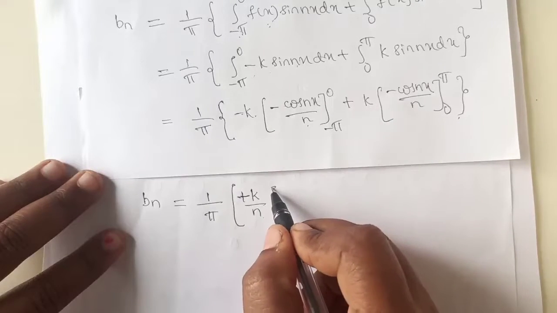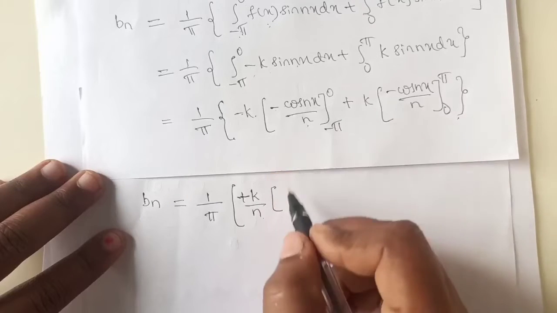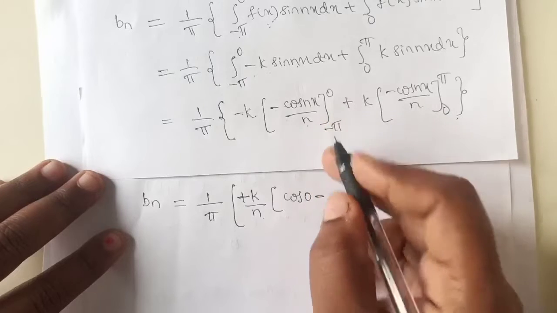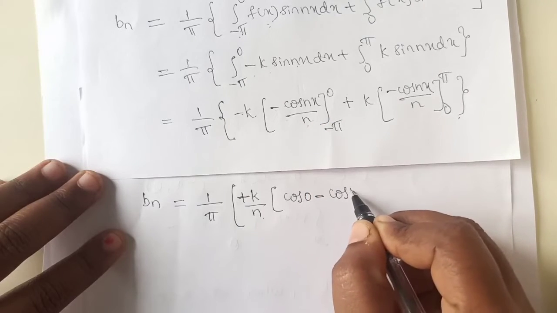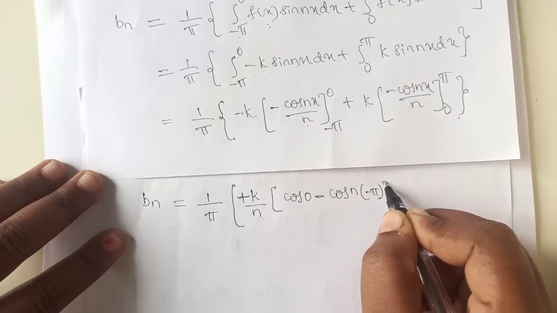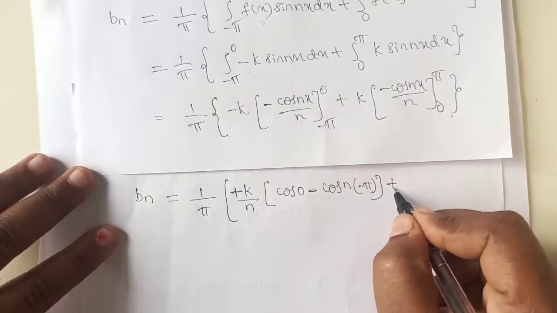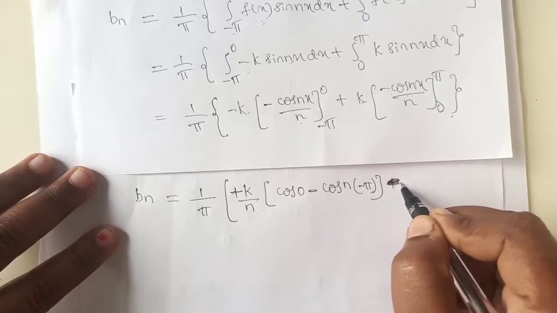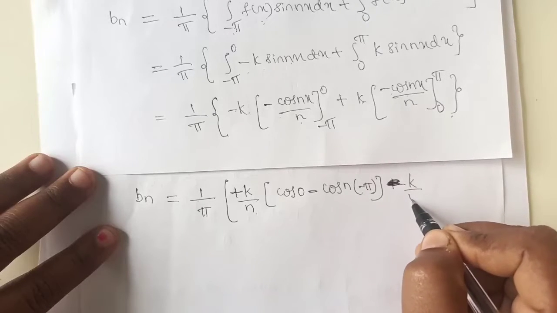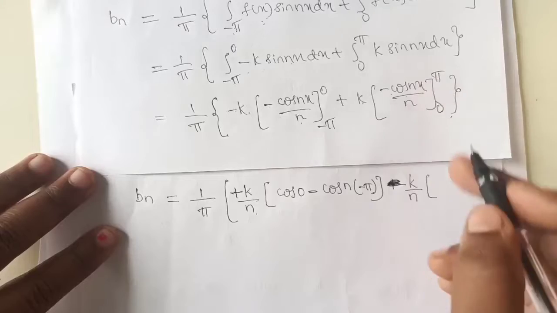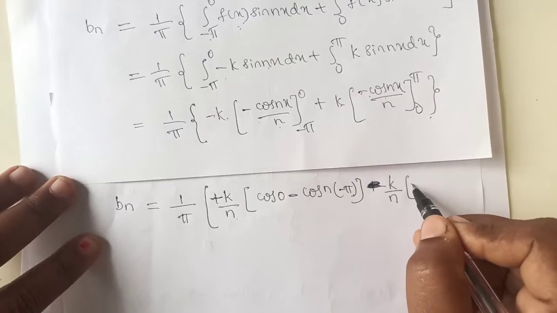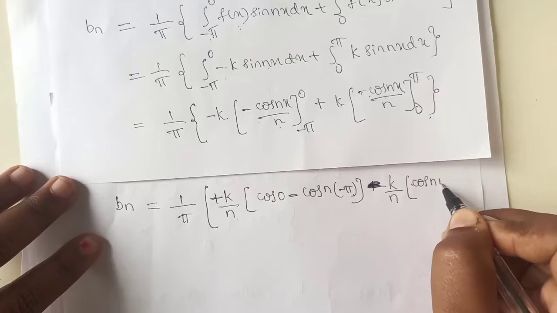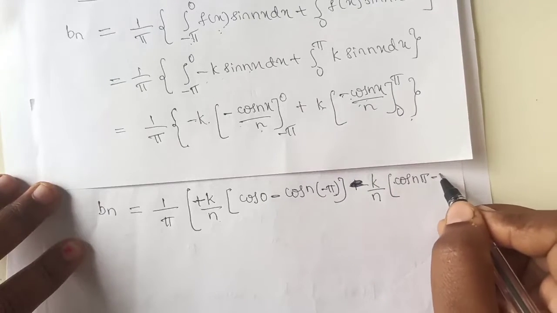Now here cos of 0 minus lower limit cos of n minus pi, plus again same, plus into minus, we get minus k by n can be taken outside. Now applying limits, here we get minus, we have already multiplied it, so cos of n pi minus cos 0.